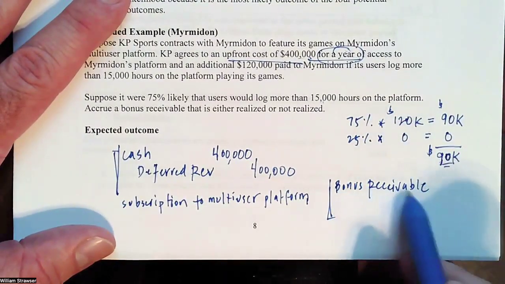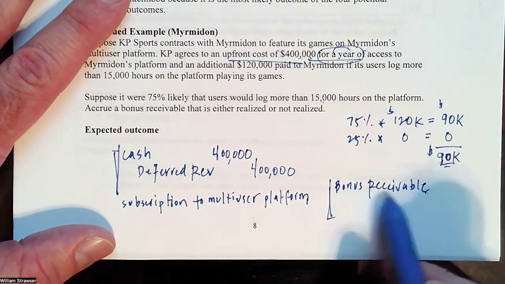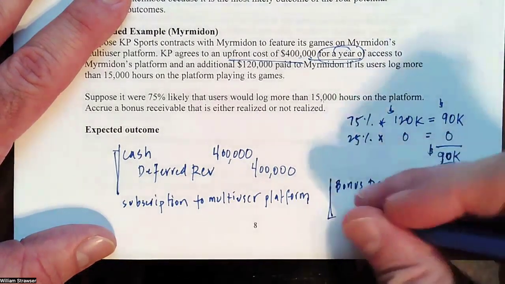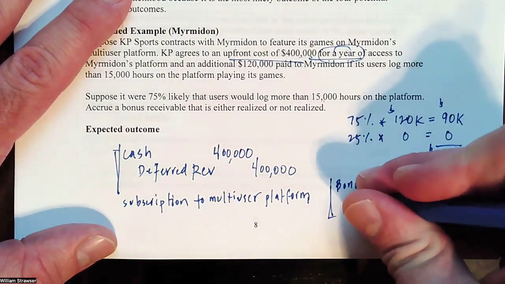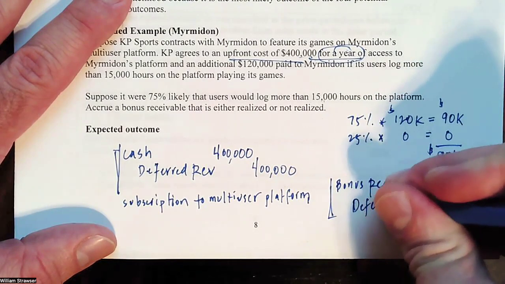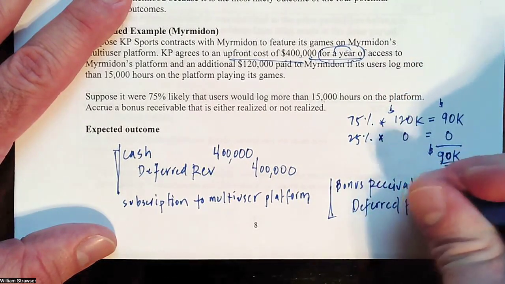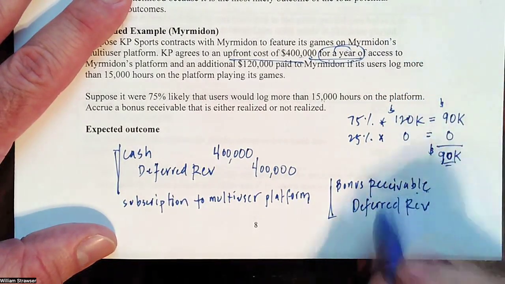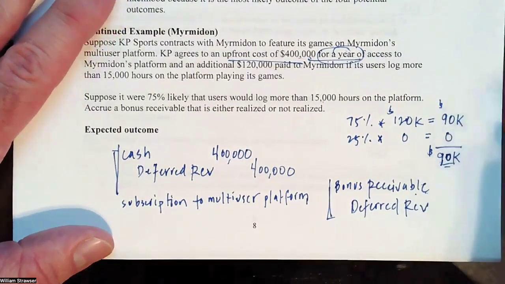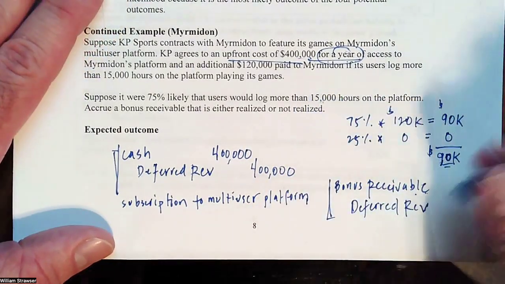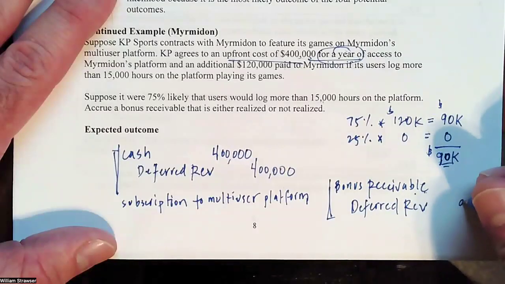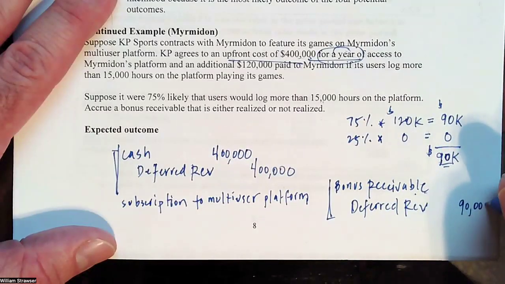This is a little more dubious, a little less certain than an account receivable. And again, this would be considered deferred revenue. Until we meet the requirements to obtain this bonus, which is to say we passed 15,000 hours, it should remain as deferred revenue.